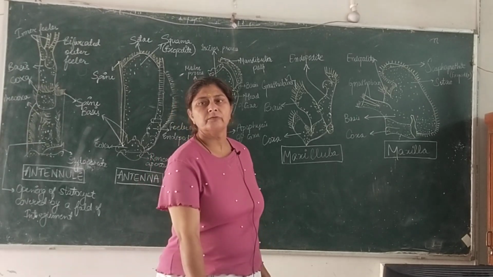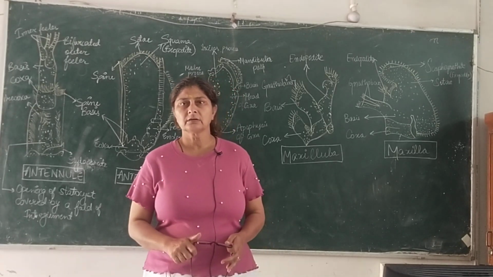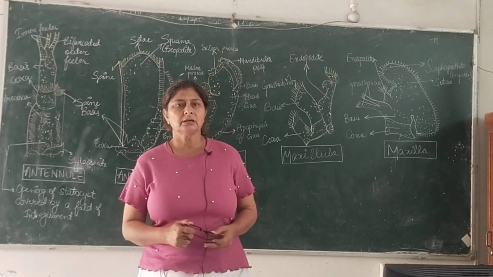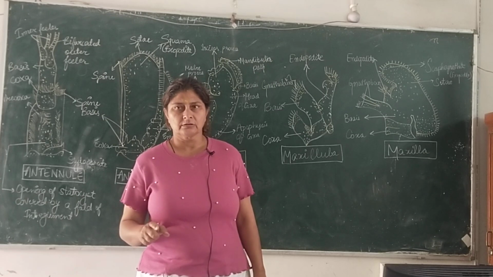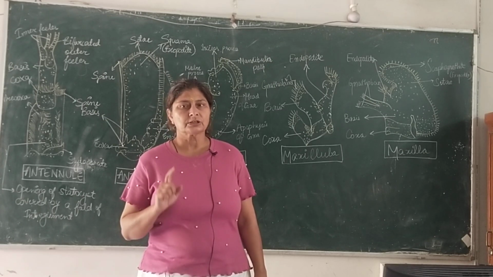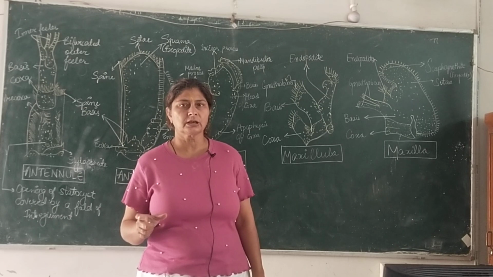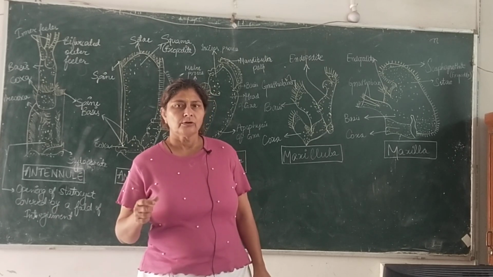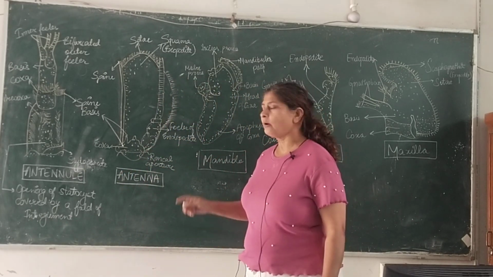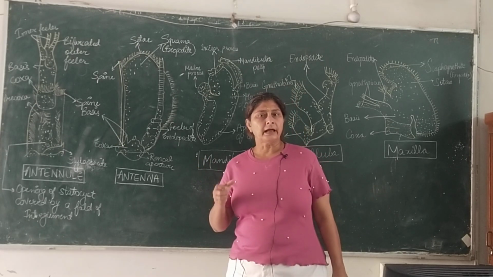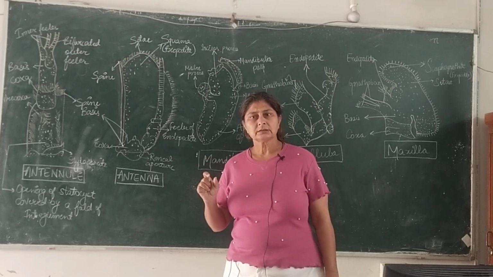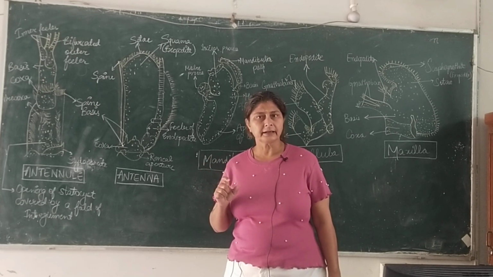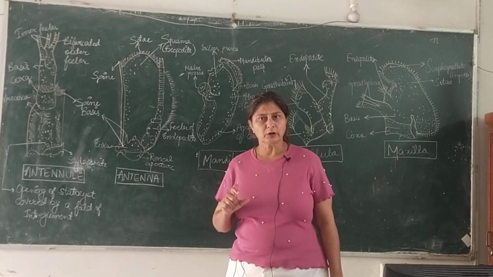This is a very important lecture. In the previous lecture of prawn, we did the external structure. In that, I told you about the 19 segments: 5 in the cephalic region, 8 in the thoracic region and 6 in the abdominal region.